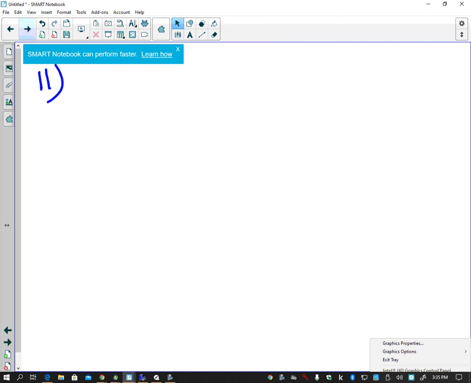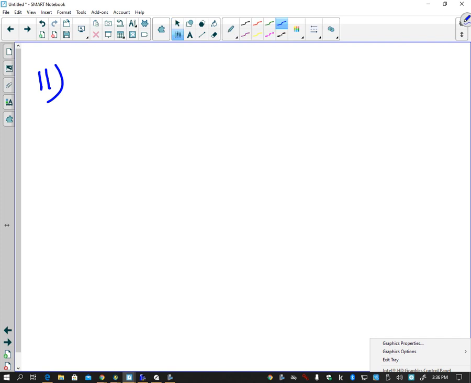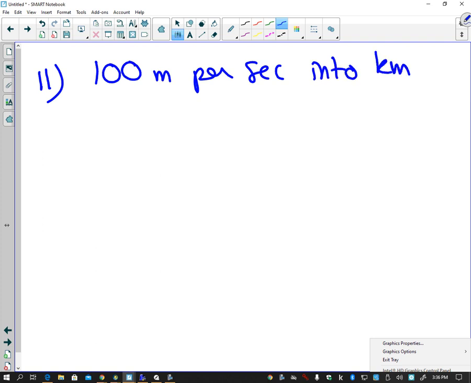11. Let's see if we can get here. Okay, we have a conversion. We want to convert 100 meters per second into kilometers per hour.